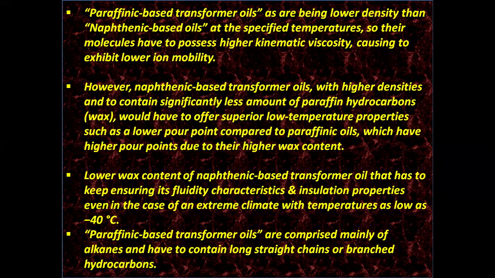However, naphthenic based transformer oils, with higher densities and significantly less paraffin hydrocarbon, that is wax, offer superior low temperature properties such as a lower pour point compared to paraffinic oils, which have higher pour points due to their higher wax content.